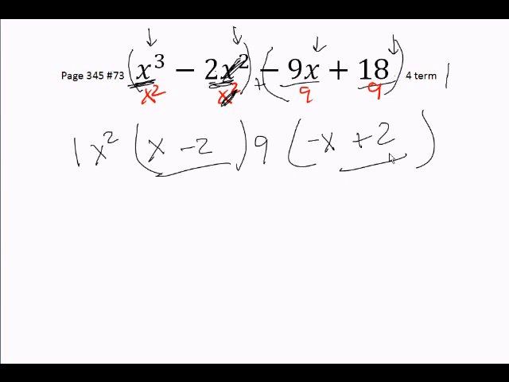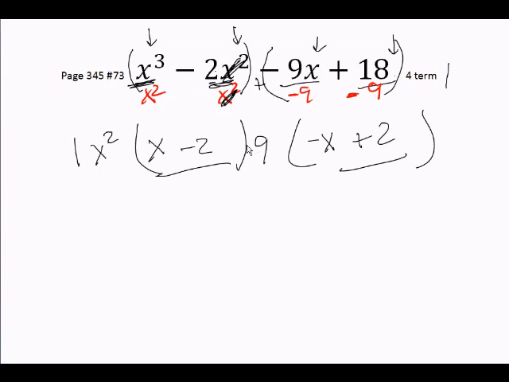Now if you look at the 2 parentheses, they're not the same. When you factor 4 terms, the parentheses must be identical. They're not. But if you notice, they have both an x and they both have a 2, but they're different signs. If that happens, you just have to understand that you can divide both of these by -9.